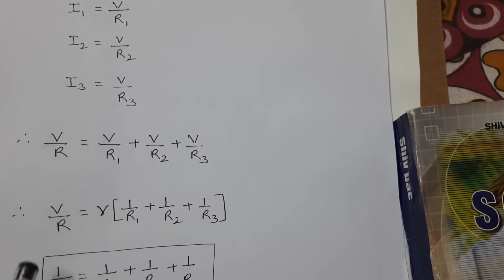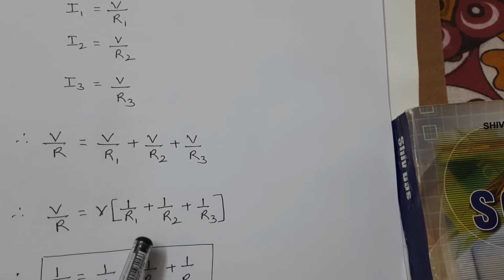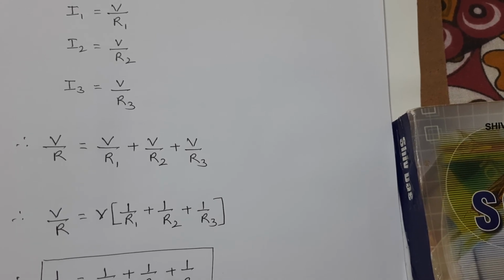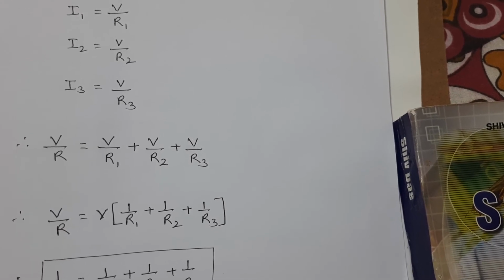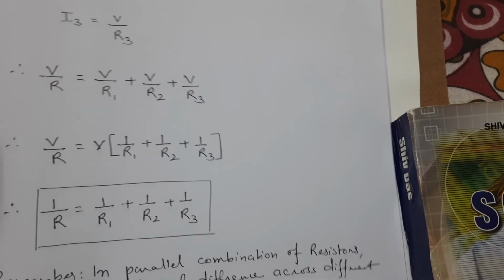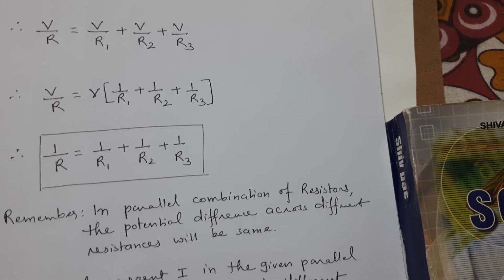So we get 1 upon R is equal to 1 upon R1 plus 1 upon R2 plus 1 upon R3. This is actually Rp: 1 upon Rp is equal to 1 upon R1 plus 1 upon R2 plus 1 upon R3.